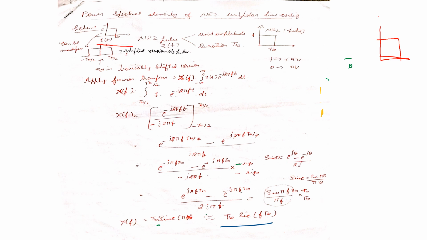When you shift that bit, it shifts the time period, that is minus T by 2 on one side and plus T by 2 on the other side.